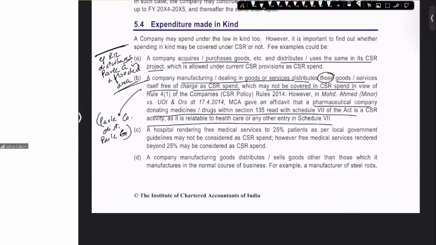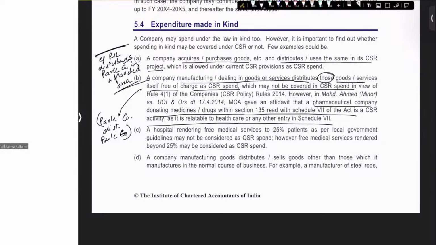Though it has manufactured them, in that specific case those distributions will be regarded as CSR. Otherwise, a company distributing its own products cannot be regarded as CSR.